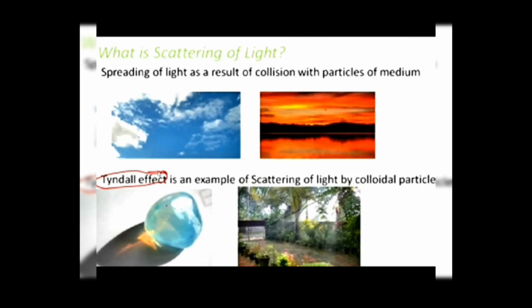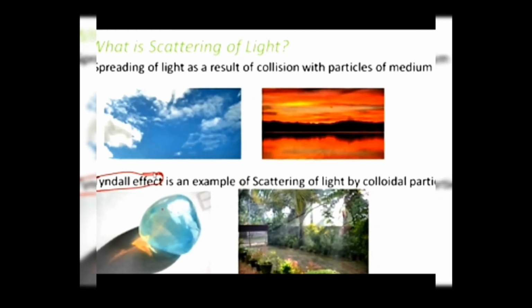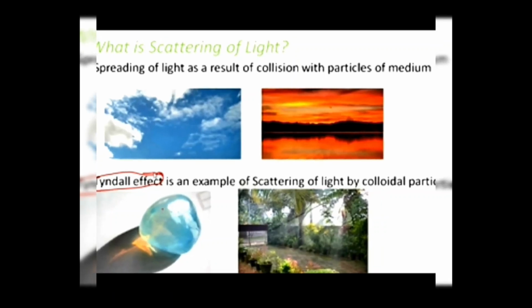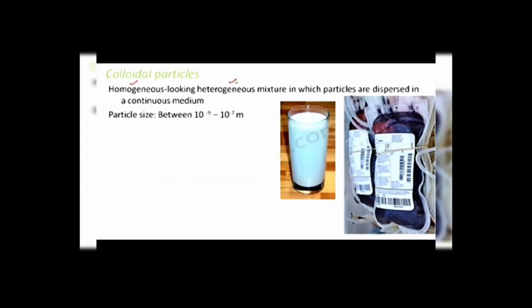Now, what are these colloidal particles? Again, we got a new term. So let's first understand what are colloidal particles. In order to understand colloidal particles, we'll first understand colloids. So what are colloids? They are actually homogeneous.